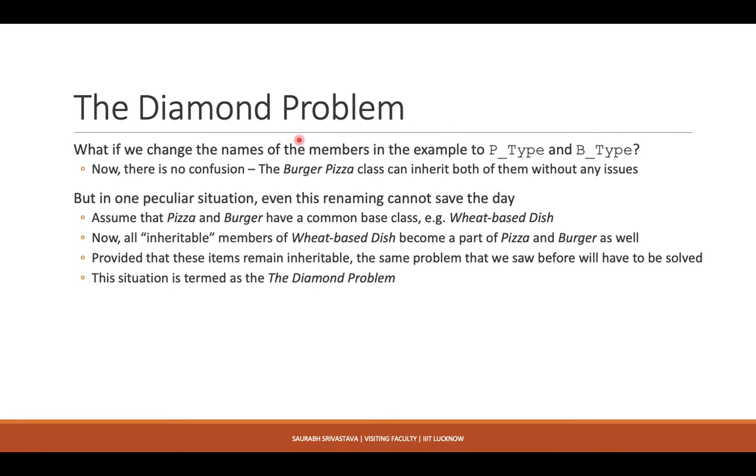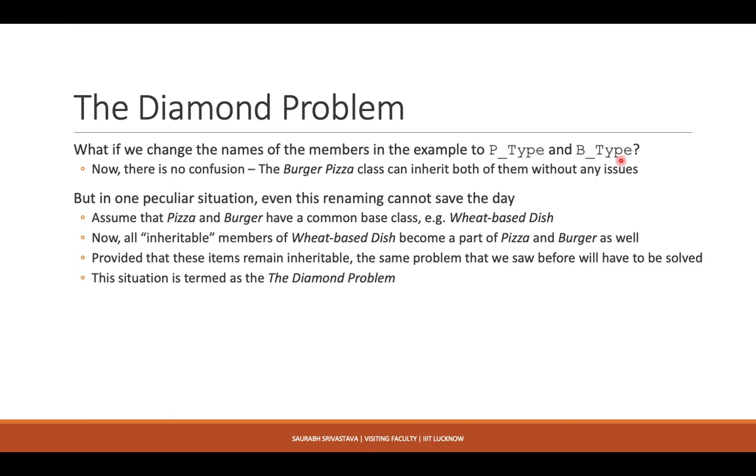One possible way to solve this problem of multiple members with the same name is to simply rename them. For example, if in these two classes I change the type variable in pizza to p underscore type and the type variable in burger to b underscore type, then the confusion is solved. Now burger pizza can inherit both of them.